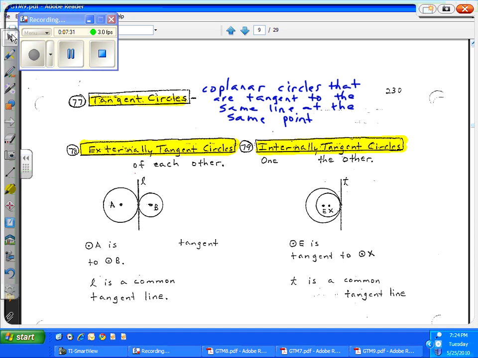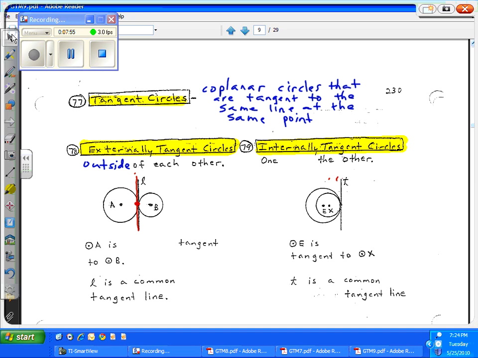If we look at this line that they're both tangent to, these are two coplanar circles tangent to the same line at the same point. They are outside of each other. One is not inside the other one, so we say that they're externally tangent circles.